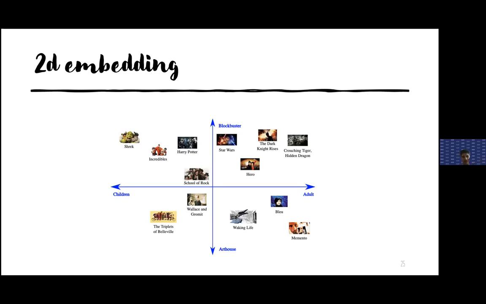Now you have many more categories and many more ways to define the different movies. This way, you can separate into children, blockbuster, art house, and adult films. So this 2D embedding is more accurately describing the sequence of movies, just because we added another dimension and another layer of understanding to the model.